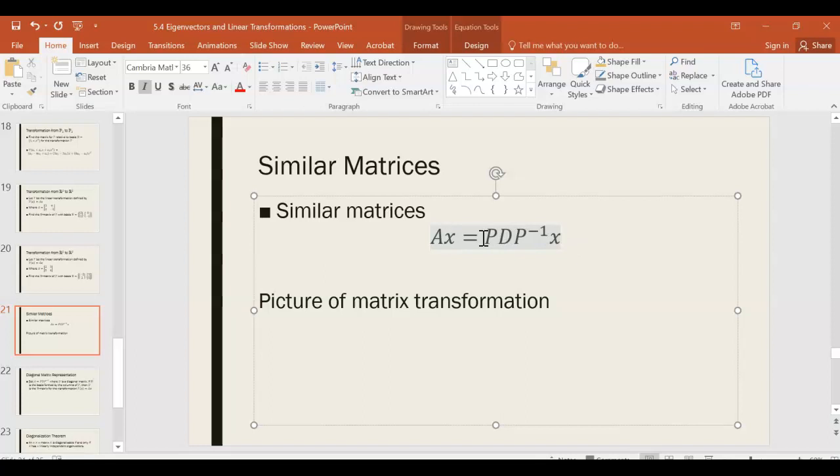And that might seem like a lot, but again, sometimes that's going to be a lot nicer to deal with, especially when we're dealing with programming computers and things like that. So that's the idea. A times x is going to be replaced by these 3 matrix multiplications times vector x. And notice that again, P inverse is the first one you hit, then the diagonal, then P.